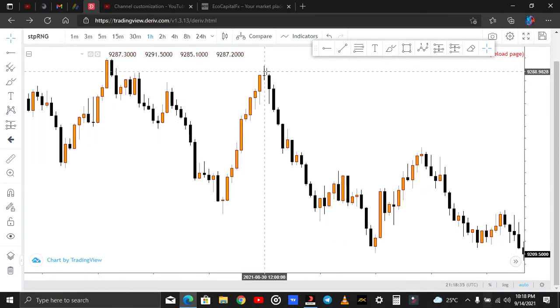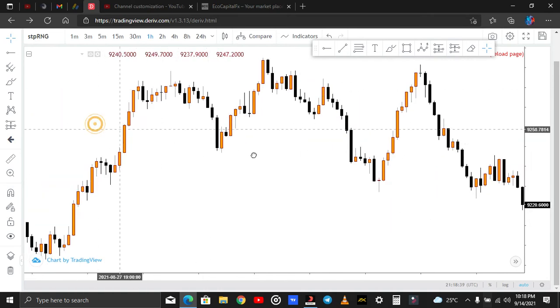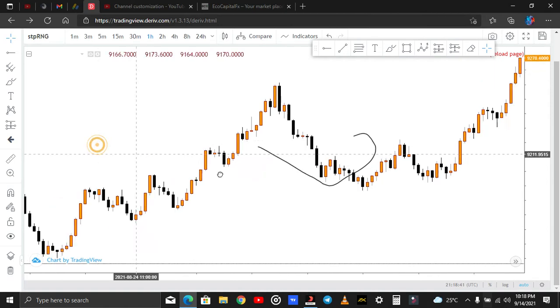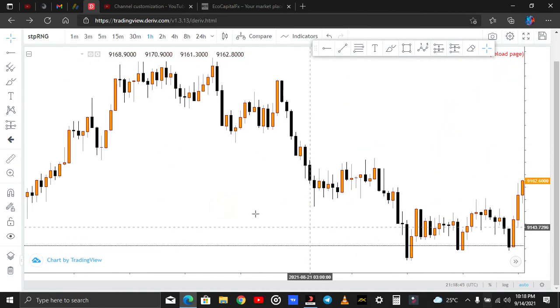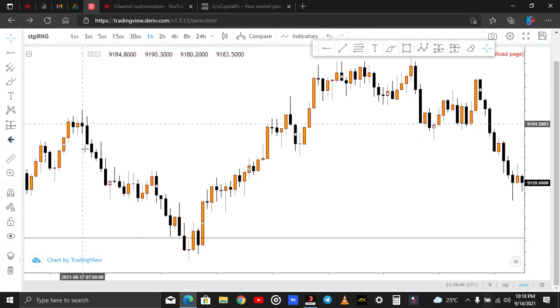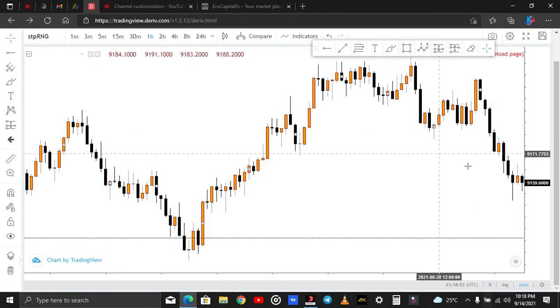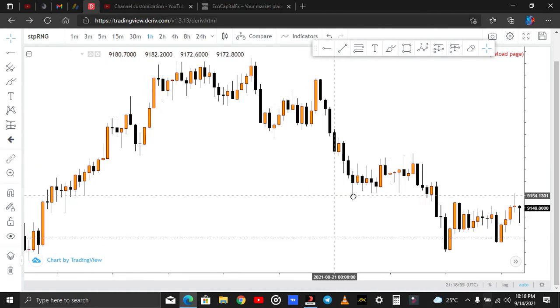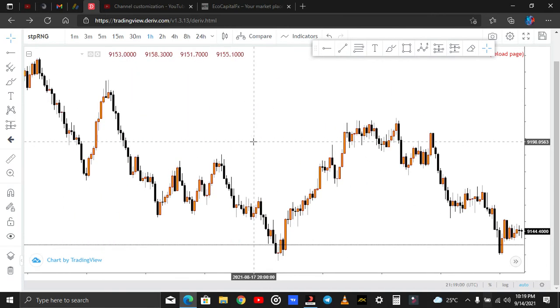There was an imbalance here, price came to fill it. There was an imbalance here, price came to fill it. So there are imbalances in the market, and price always comes to fill those imbalances, making price efficient. But it's not every imbalance that you focus on, it's not every imbalance that you trade.